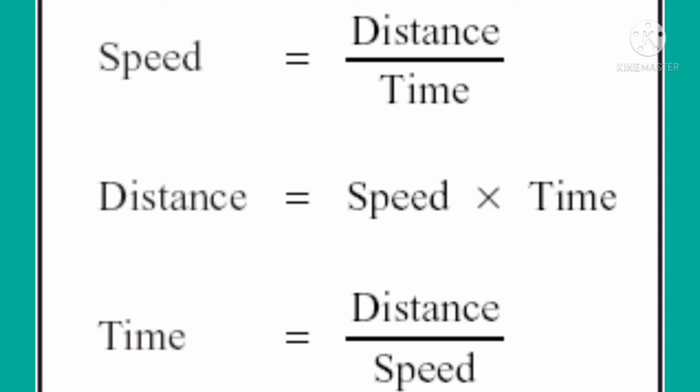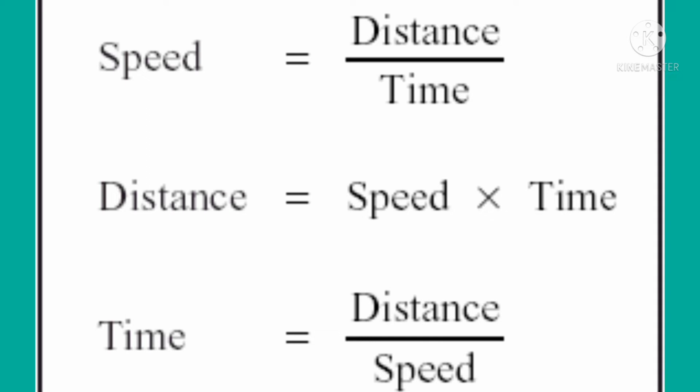A fast-moving object has a high speed and covers a relatively large distance in a short amount of time. Contrast this to a slow-moving object that has low speed. It covers a relatively small amount of distance in the same amount of time. An object with no movement at all has zero speed.